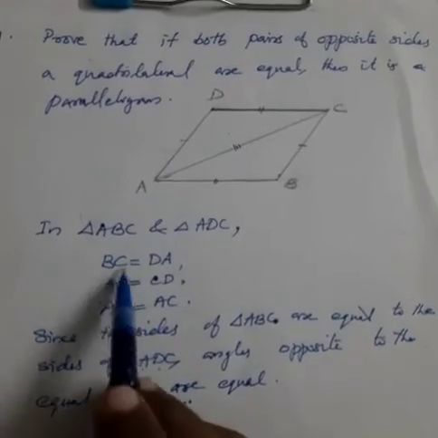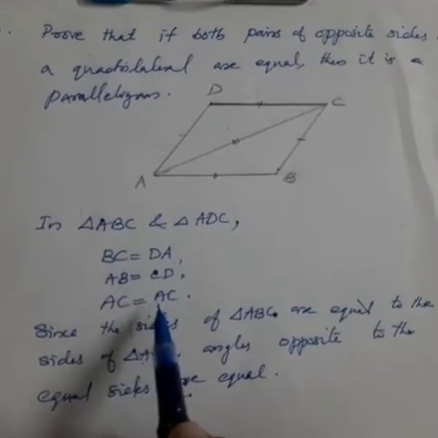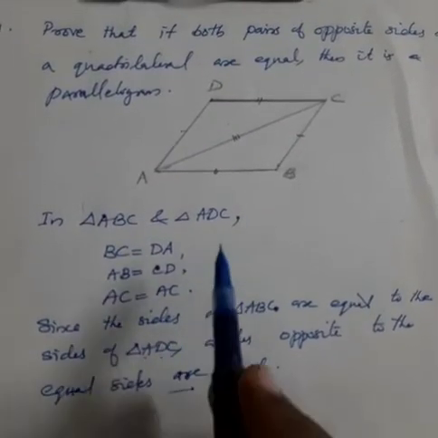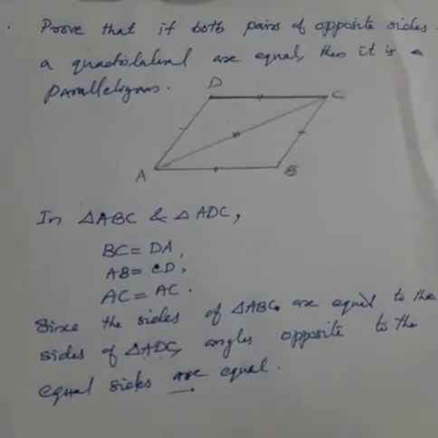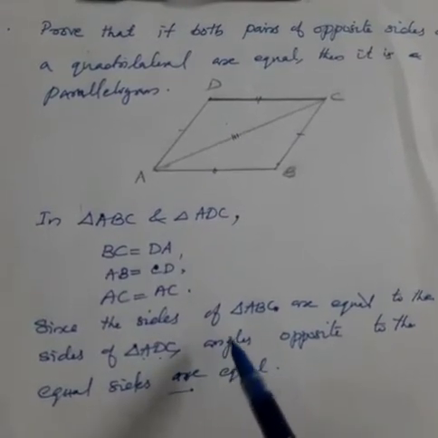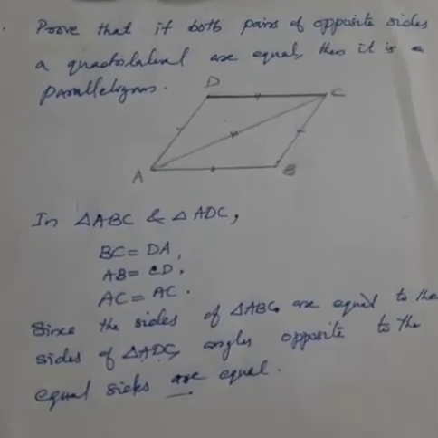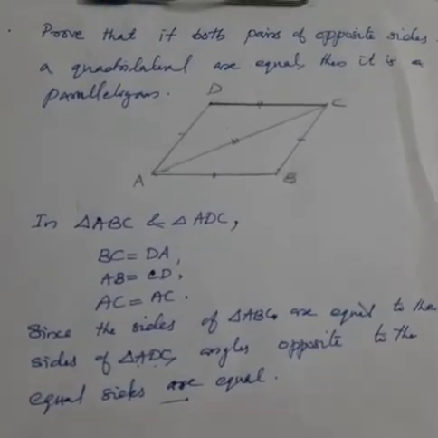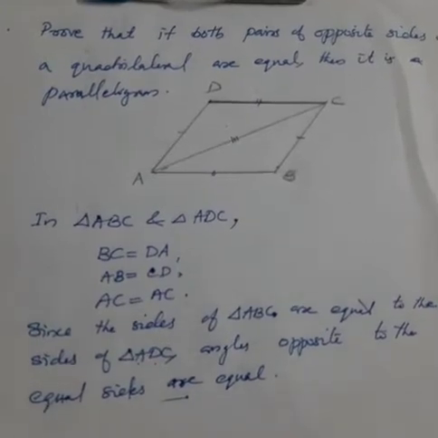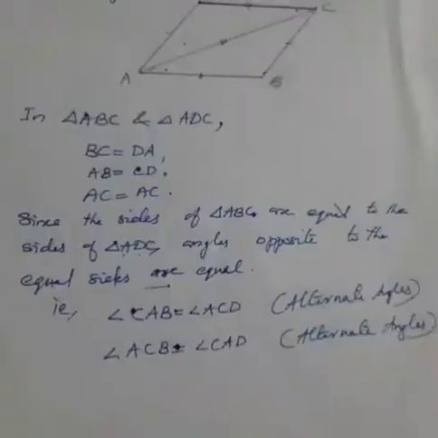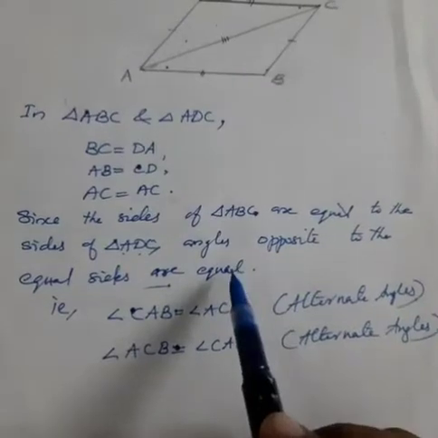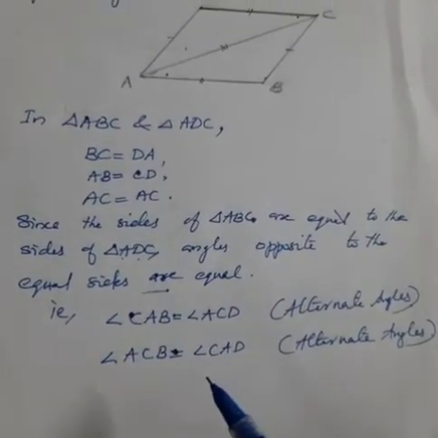So the equal sides you have to equate, then write the reason why both the triangles are equal. If the sides of both the triangles are equal, the angles opposite to the equal side are also equal. If both the triangles are equal, we can say the opposite angles are also equal.